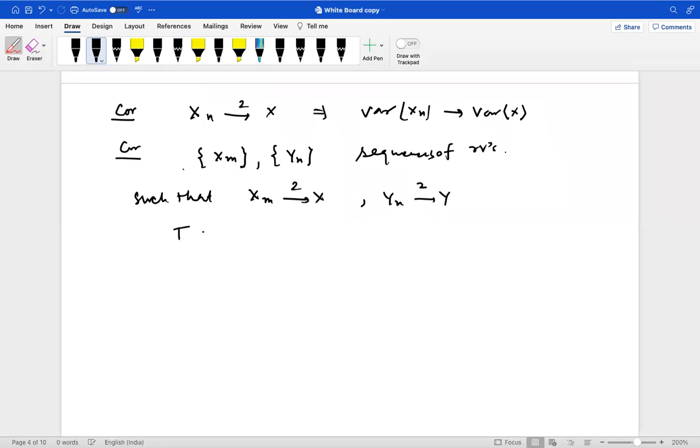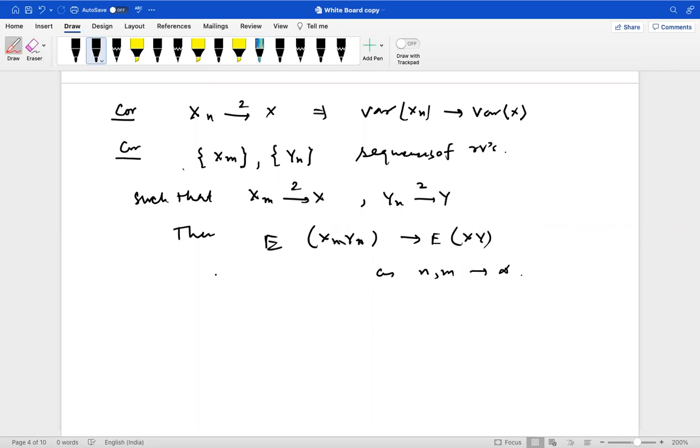then we have the expectation of Xm into Yn converges to the expectation of X into Y, the double limit, as n and m both tend to infinity. So this is very important.